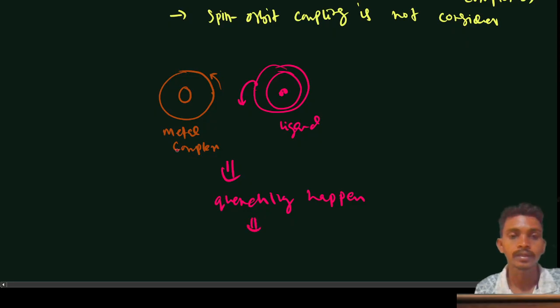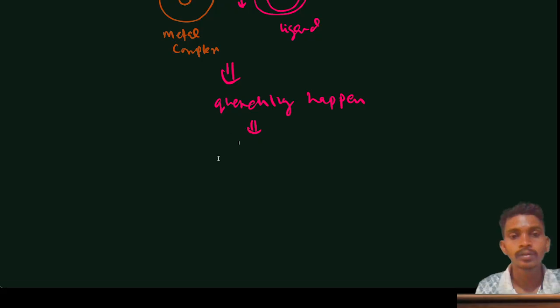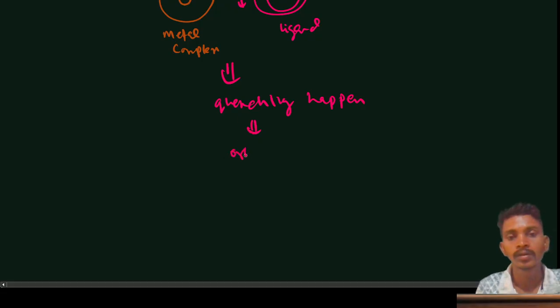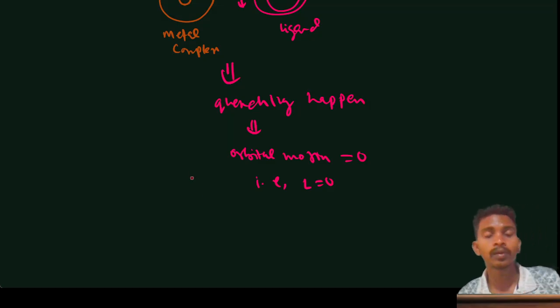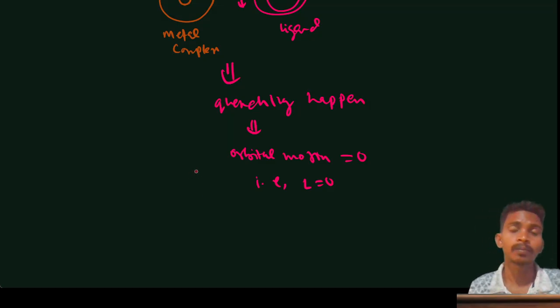It means that orbital motion becomes zero, that is L equal to 0. So here we will not consider spin orbit coupling.